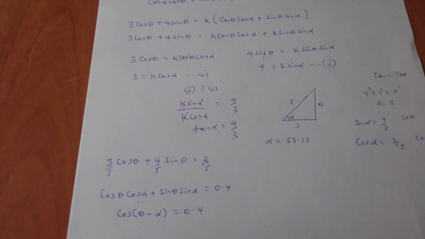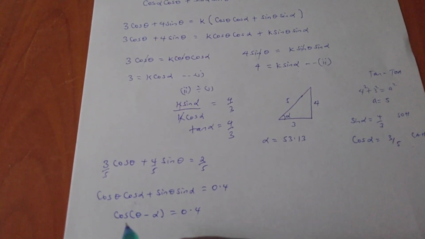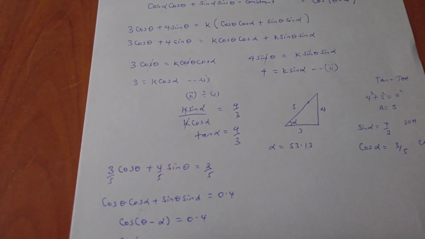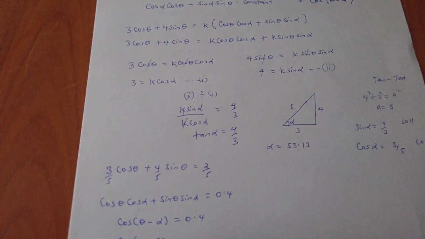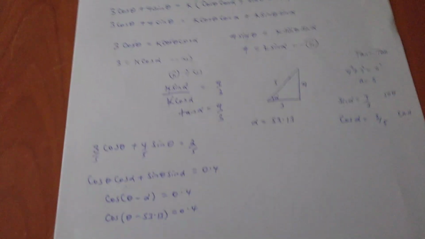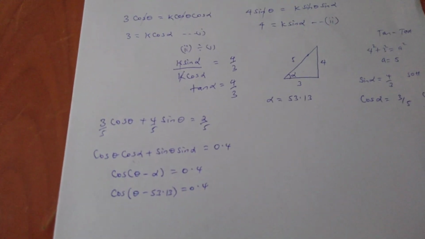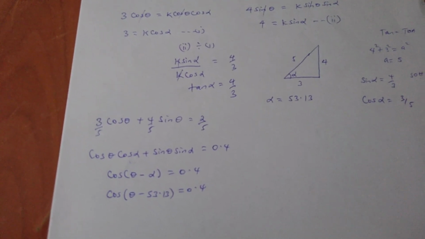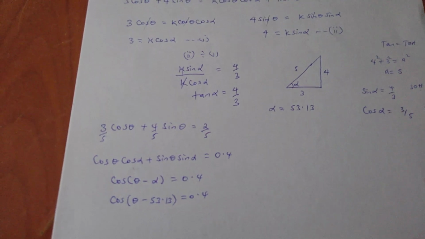Now come and put that same thing in: cos of theta minus 53.13 equals 0.4. Again, I'm going to jump steps. I hope by this time we are at par. You know how we solve this kind of thing.